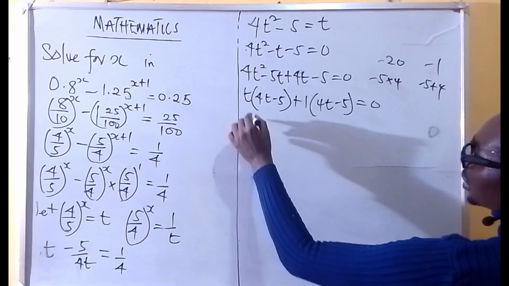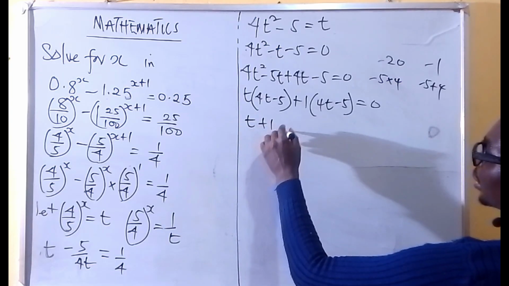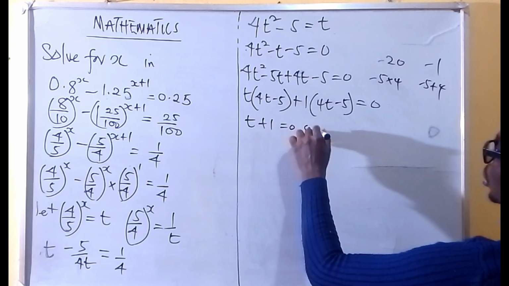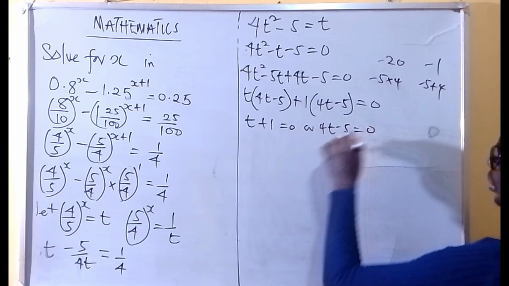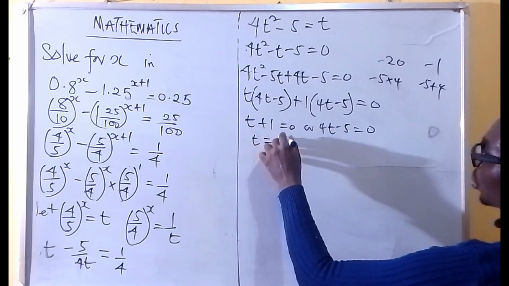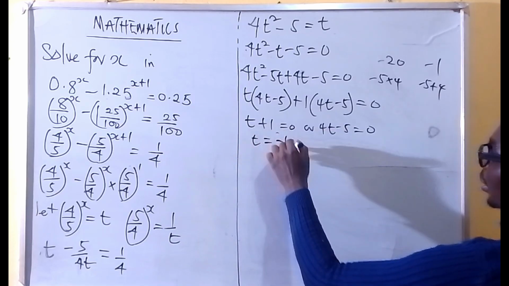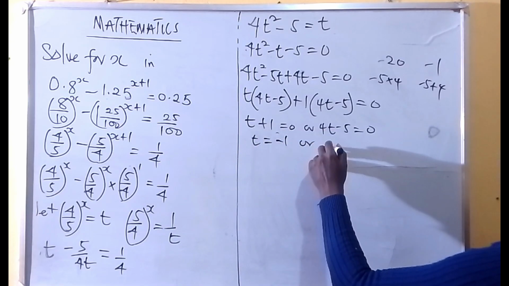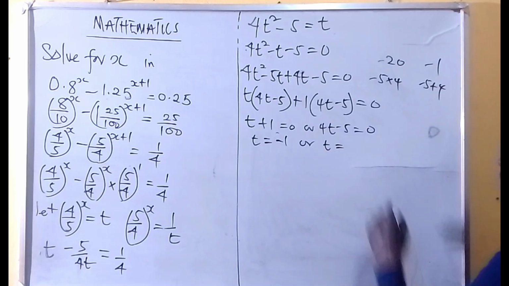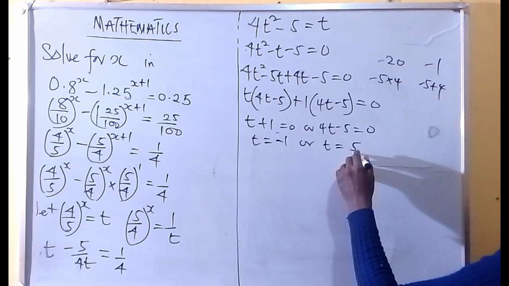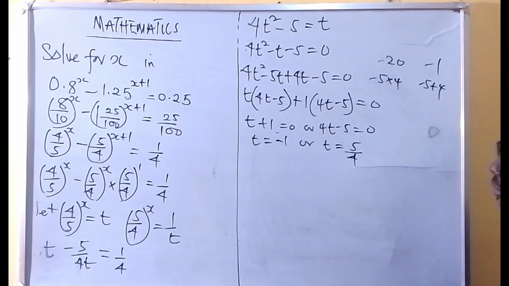So we now have t plus 1 is equal to 0, or 4t minus 5 is equal to 0. Therefore, our t is equal to minus 1, or our t will simply be 5 over 4.